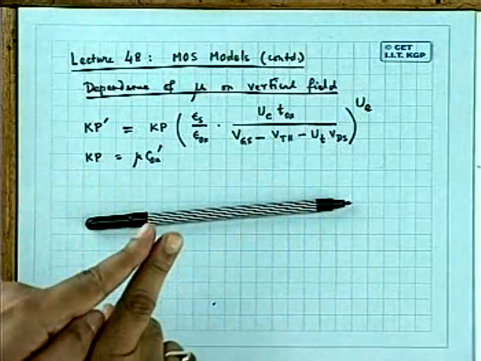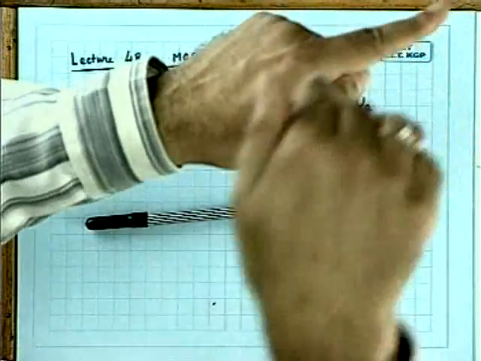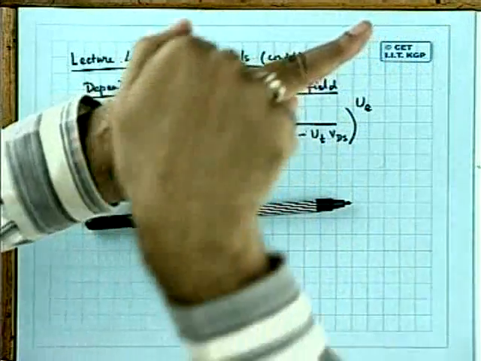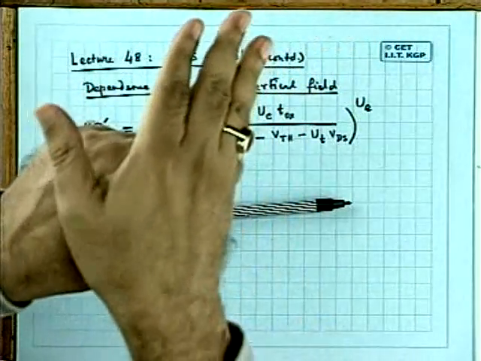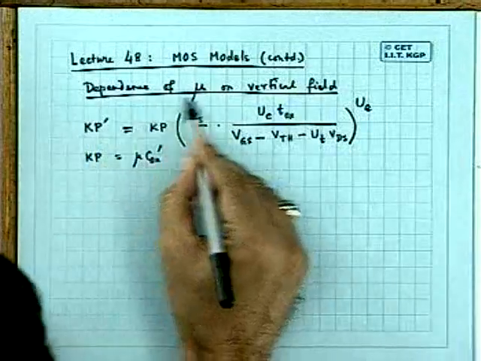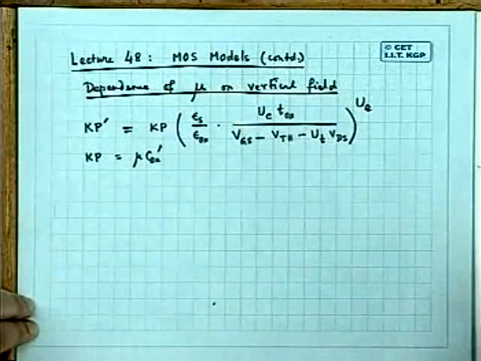As the electrons move along the channel and there is a gate-induced vertical field, their velocity, effectively their mobility, is reduced. I discussed that earlier, giving a simple model while describing the device physics. But in SPICE, it is usually modeled like this in SPICE level 2.